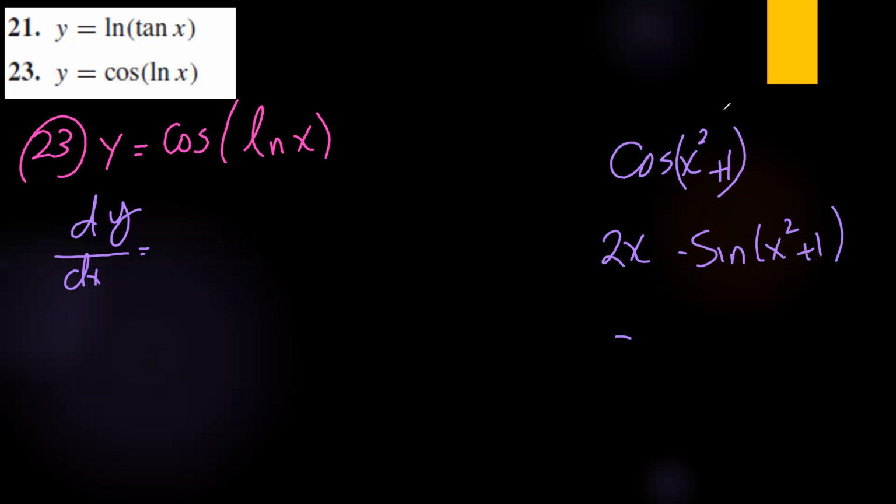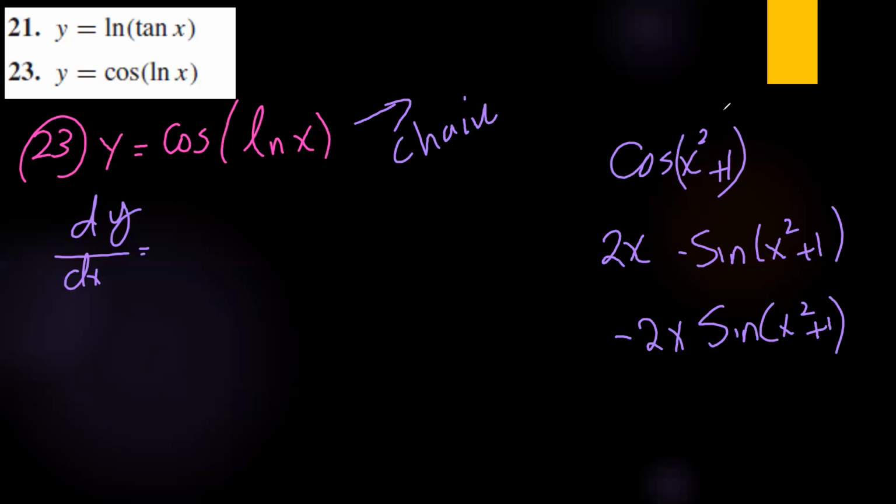So you will say it's negative 2x sine of x squared plus 1. So in the chain rule, you find the derivative of the outside, then the inside, or the inside, then the outside. Here we have to do the same because it is cosine ln x, not cosine x. So I need to use the chain rule now.